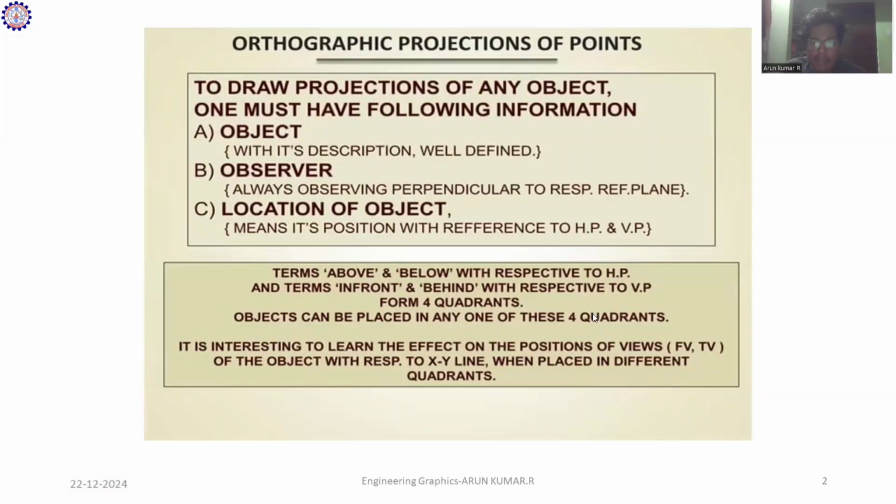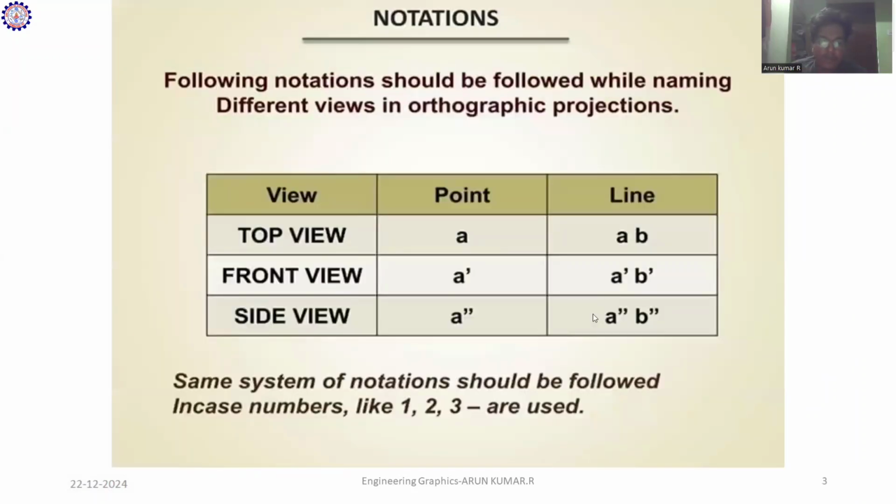It is interesting to learn the effect on the positions of viewing of the front view and top view. They are simply called FV and TV, for an object with respect to the XY line placed in different quadrants. The following notation should be followed while naming the different views in orthographic projection.